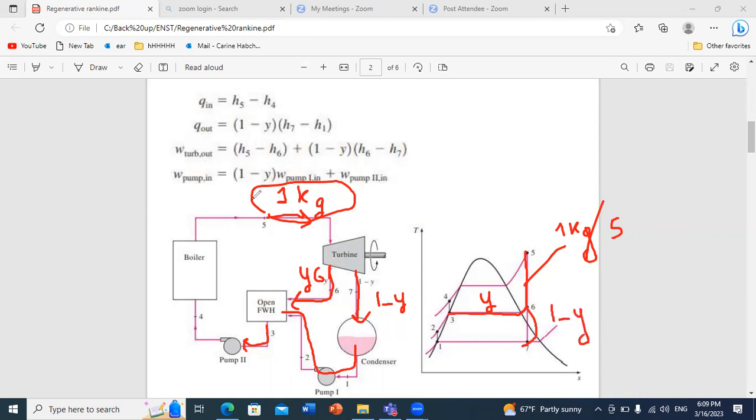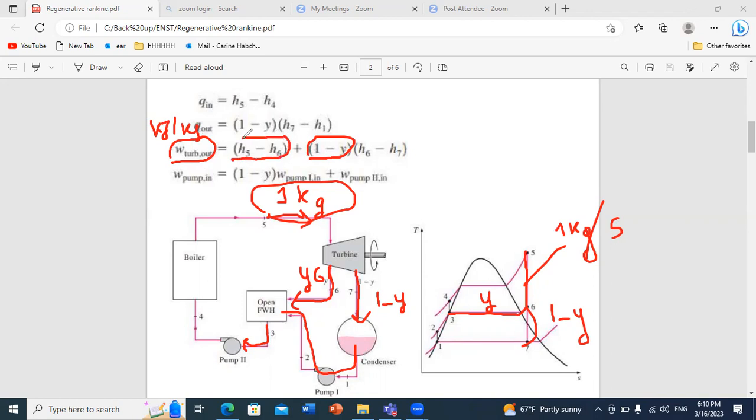And for this reason, when you evaluate the output of the turbine, in kilojoules per kilogram, you should pay attention that only the fraction going from 6 to 7 is 1 minus Y, while the fraction going from 5 to 6 is the whole flow rate.